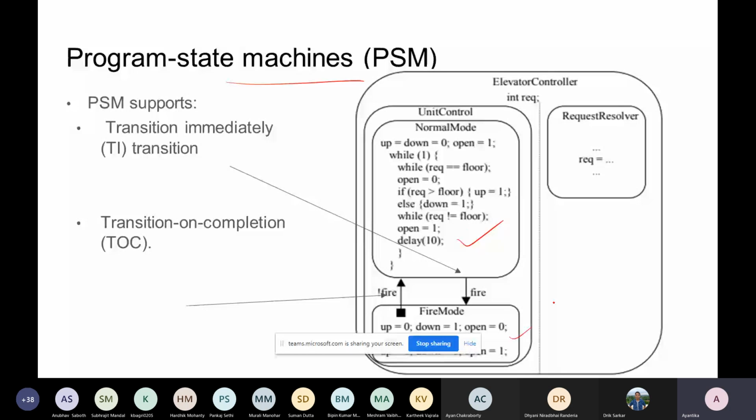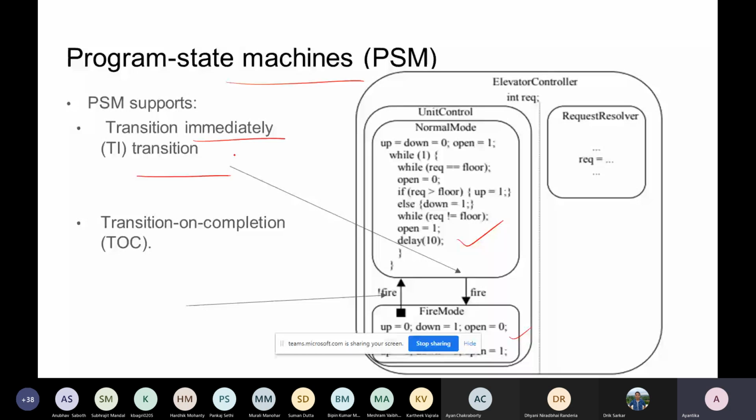If your elevator is in normal mode and the fire mode is on, the transition will be such that in whichever state you are, you should jump down to level 0 or the ground floor, wherever it may be, and open the door. That is called the immediate transition requirement, or TI transition.